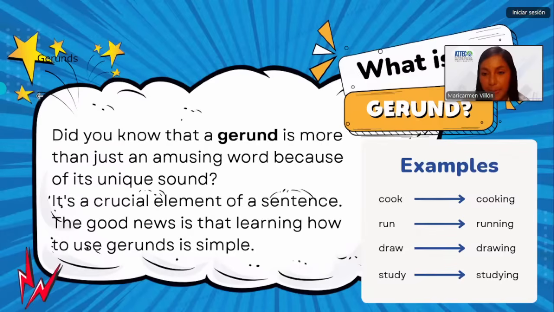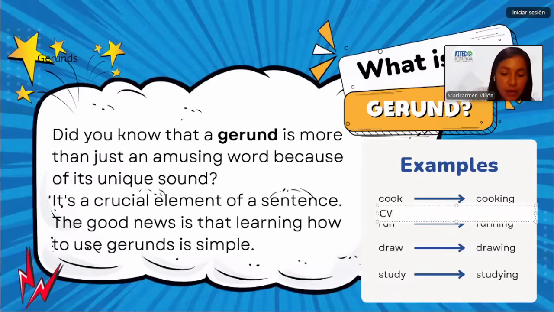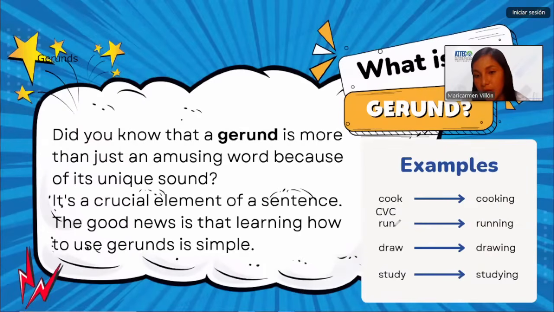Los voy a poner aquí. Entonces, esto ya lo vimos la semana pasada. ¿Qué es ese CVC? Consonant Vowel Consonant. Entonces, si es consonante vocal consonante, voy a repetir esta última consonante y luego voy a agregar ing. Veamos acá, drawing, study, studying. Entonces aquí Y, consonante Y, entonces voy a agregar ing, ¿sí? Básicamente eso vamos a estar haciendo.